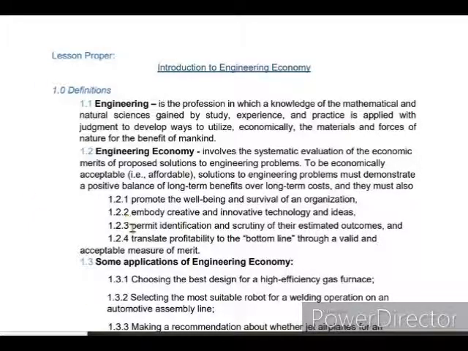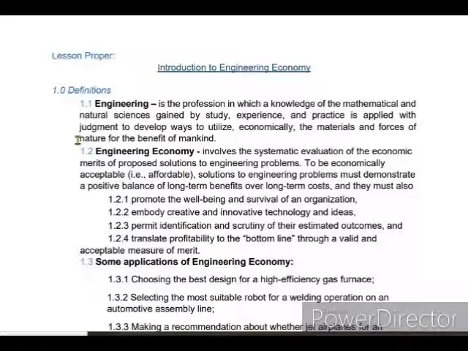So this means that we should discern or break down into elements what are the components of an outcome, okay, so that we can estimate it. Okay, so scrutiny means critical observation. Okay, so you need here your critical thinking. Okay, so next, 1.2.4, translate profitability to the bottom line through a valid and acceptable measure of merit.